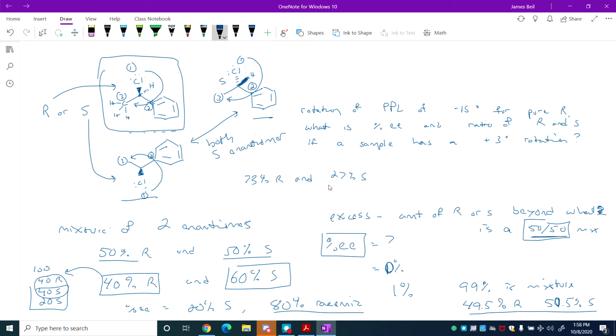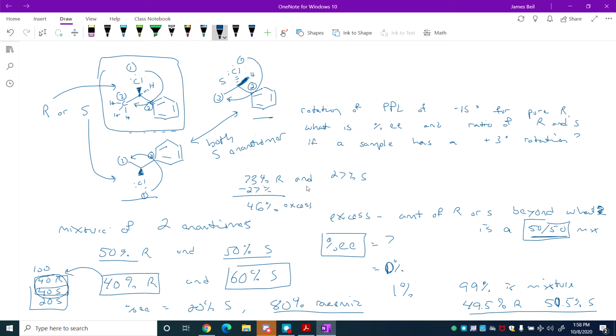Well, what I can do is subtract these two numbers, right? Because if I know that some of it is going to be a 50-50 mixture, I can take the smaller amount and subtract it from the larger amount. And whatever I end up with that I have left here, that should be excess.